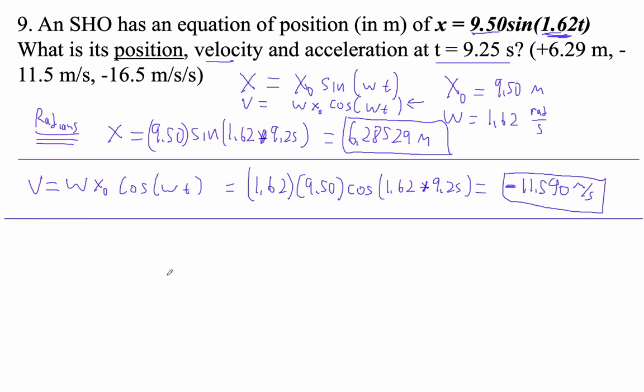Now, how do we figure out the acceleration? Well, the acceleration is negative omega squared x. Now let's just plug that in. So that's going to be the opposite of 1.62 squared, and then our x is 6.28529. We're going to use that.